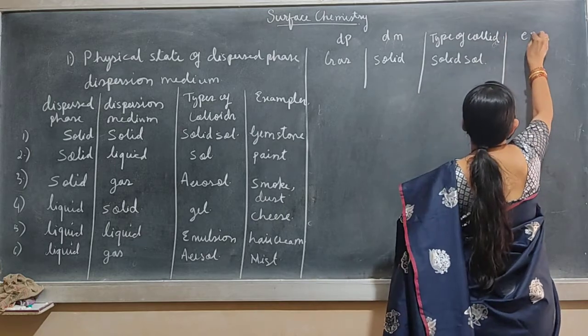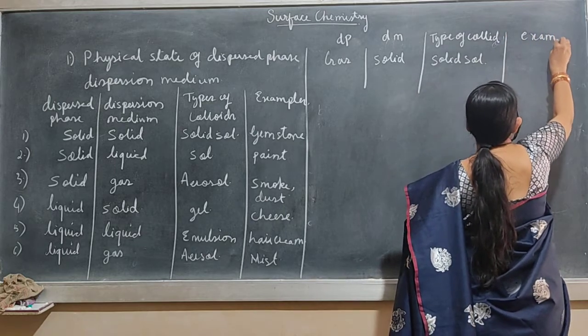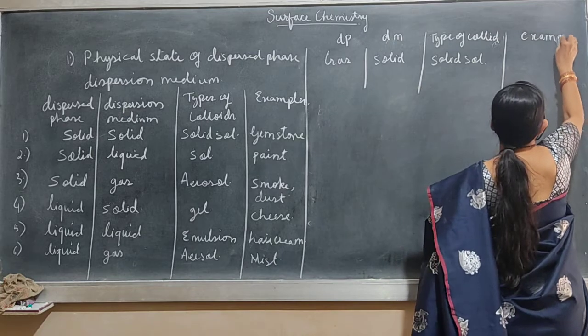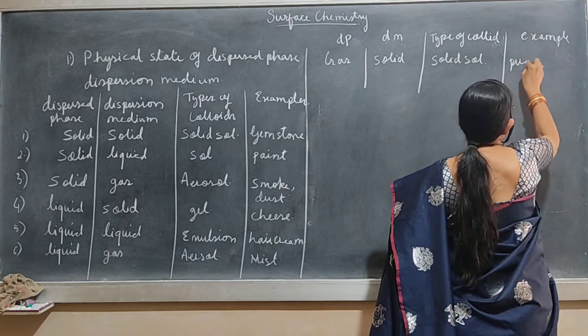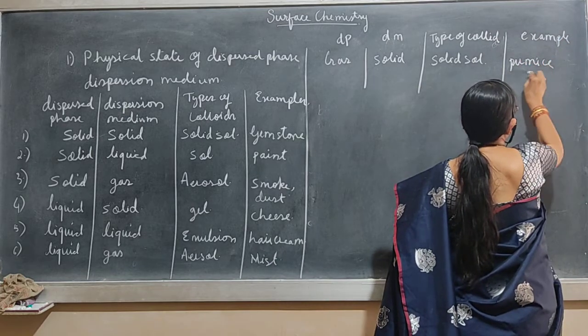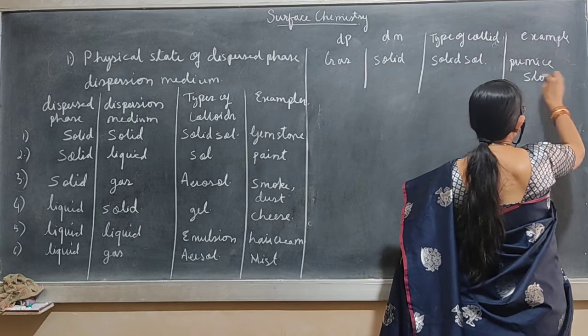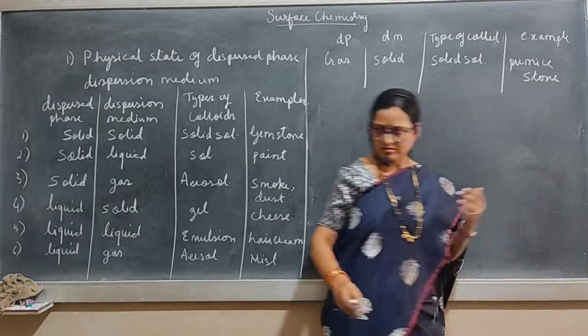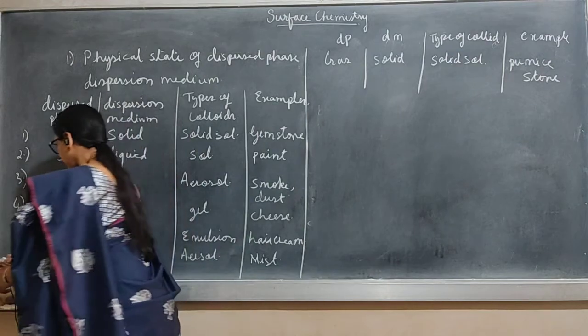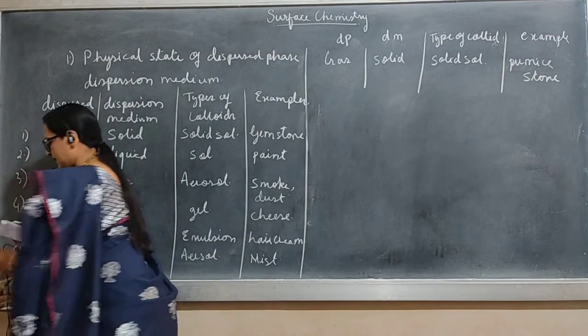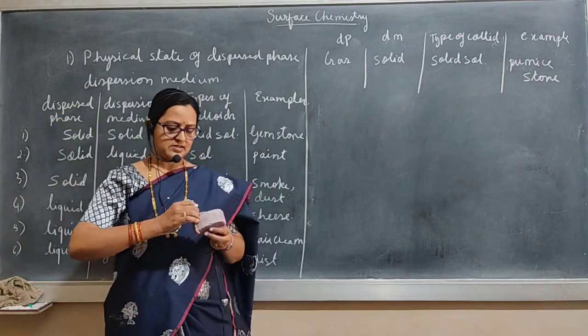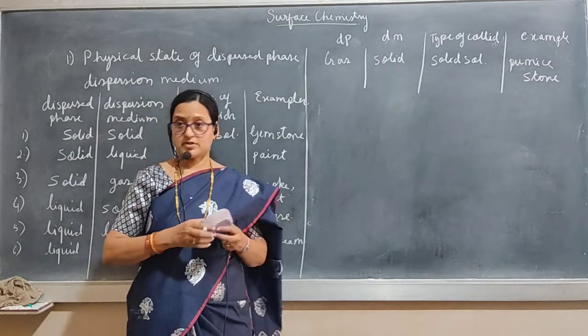Example, you can take pumice stone. You might have seen this pumice stone in your daily life. It is very soft and abrasive to use.